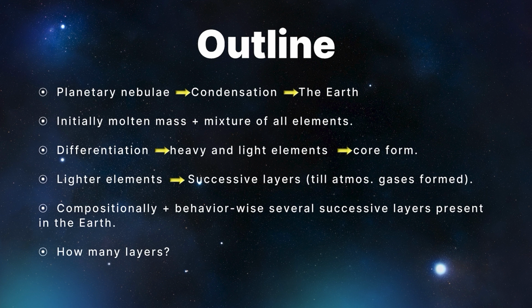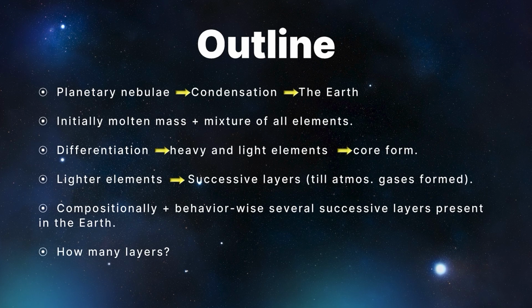Initially it was a molten mass, a mixture of all the elements. Later on, a differentiation process took place, and as a result of differentiation, heavy and light elements were separated out, and the core of the earth was formed.